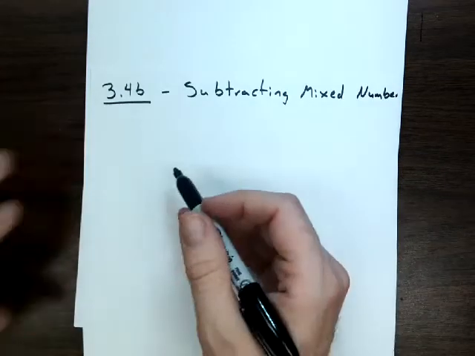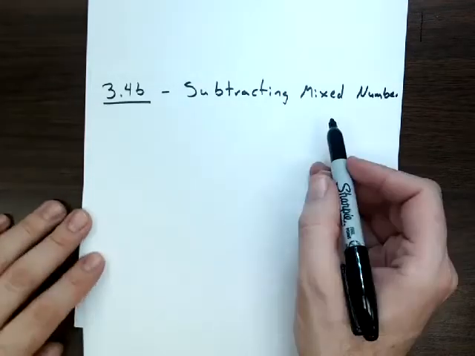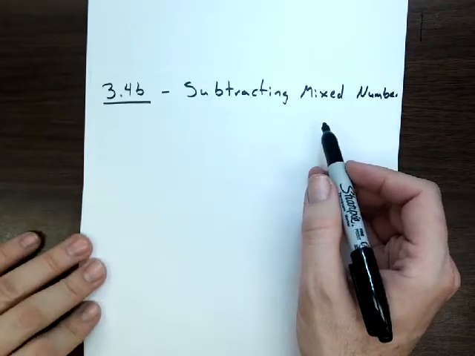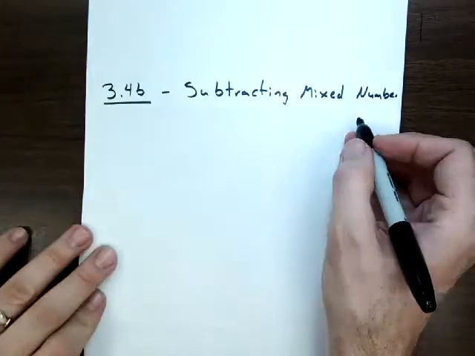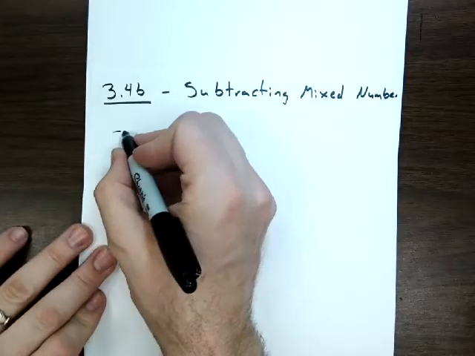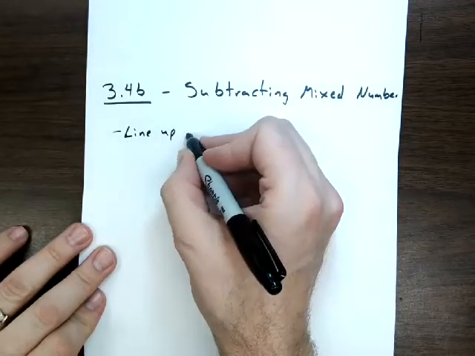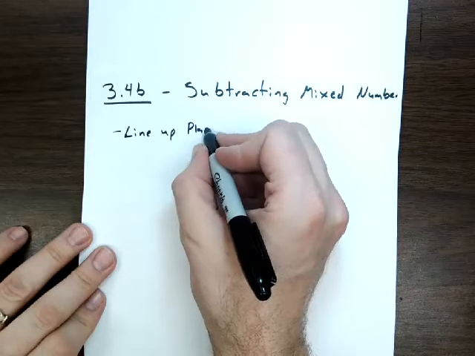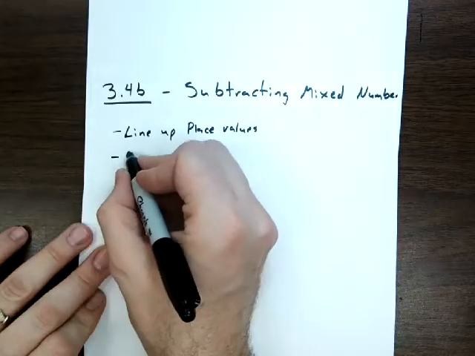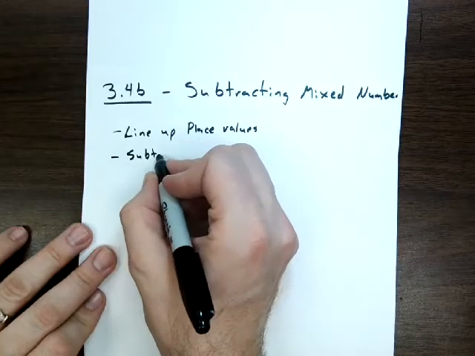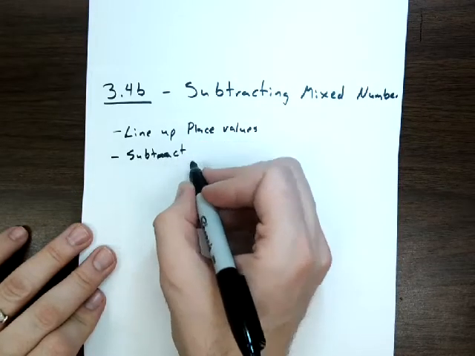Alright, we are going to continue on talking about mixed numbers, and we're going to subtract some mixed numbers now. Now, when we talked about adding mixed numbers, remember we said that we had to do things like line up our place values, we were going to subtract, T-R-A-C-T, I promise I can spell.